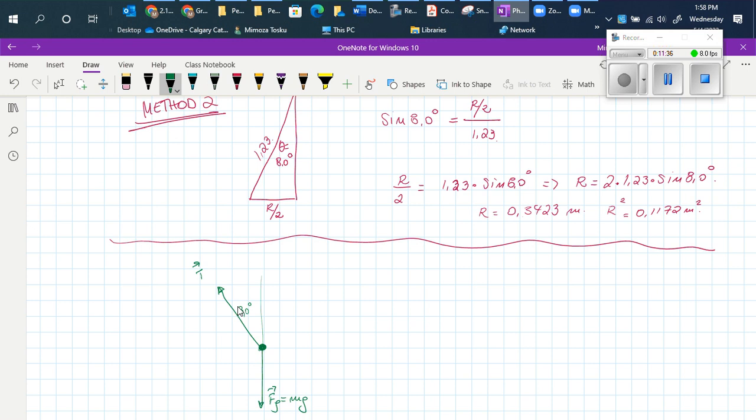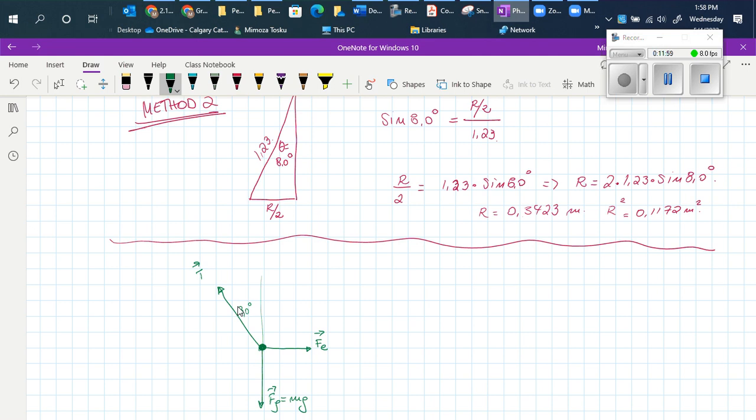And therefore, the electrostatic force is a force that will cancel the horizontal component of the tension. And since the horizontal component of the tension is toward west, the electrostatic force will be toward east.